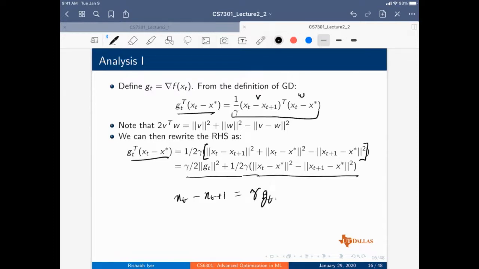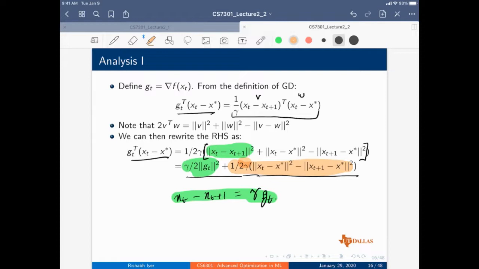I substitute this back when I go from this step to this step. Then gamma squared gets cancelled by one gamma, so finally I have gamma by 2 times norm g_t squared, and this last expression is the same. Is this clear? Please stop me if there are any questions.